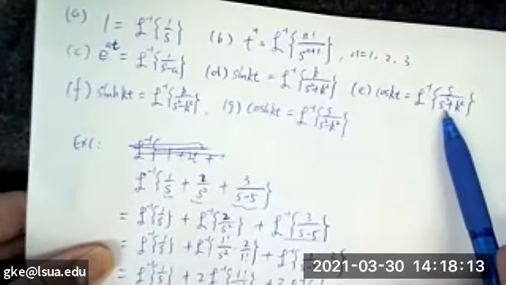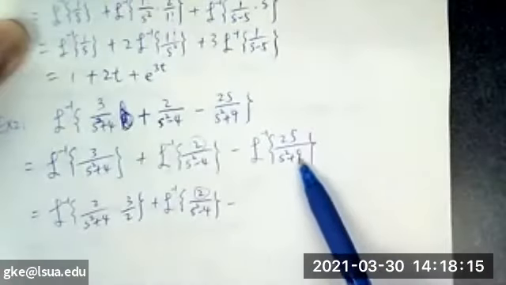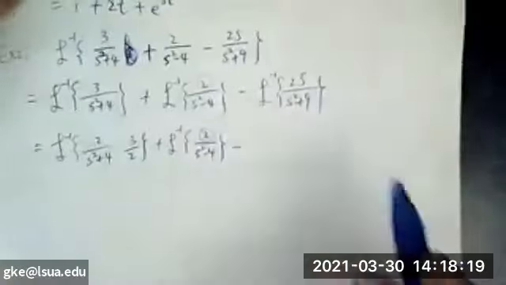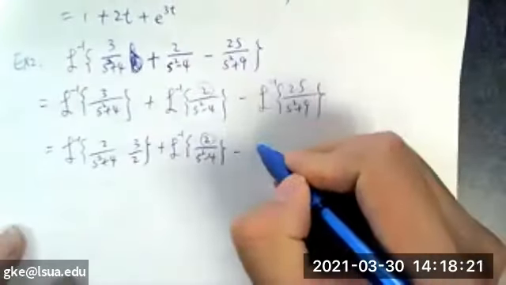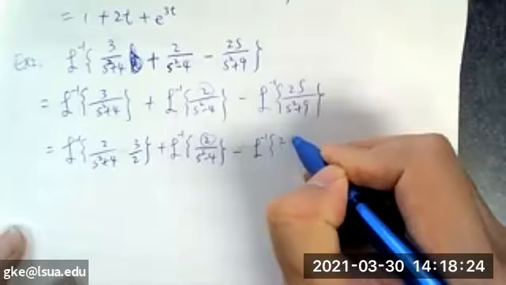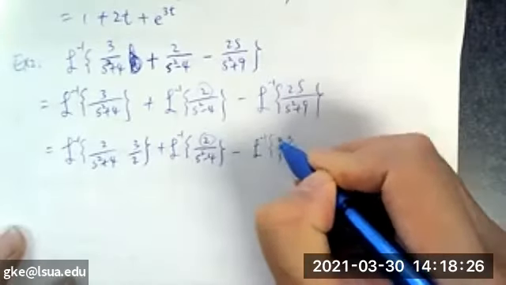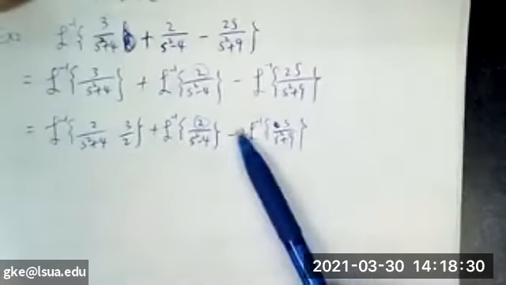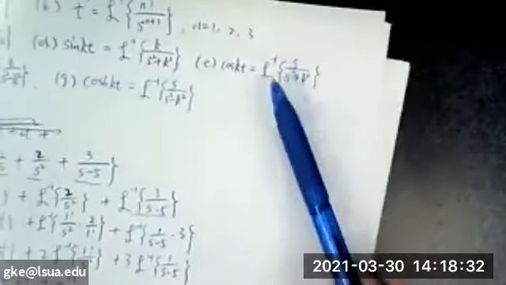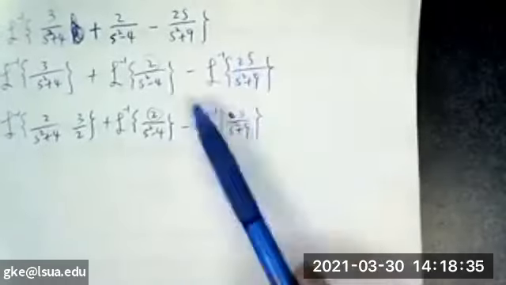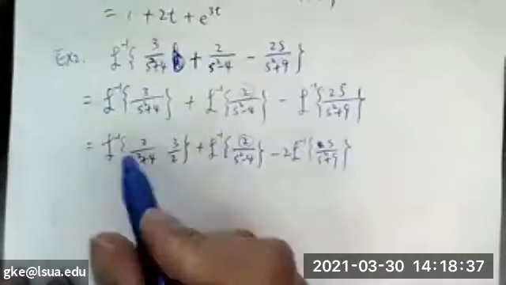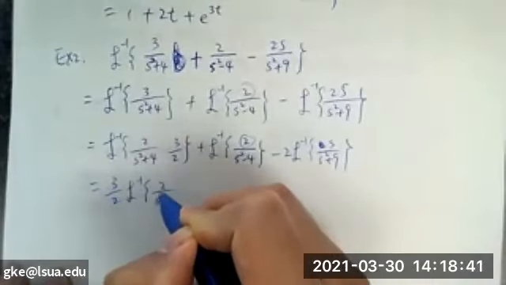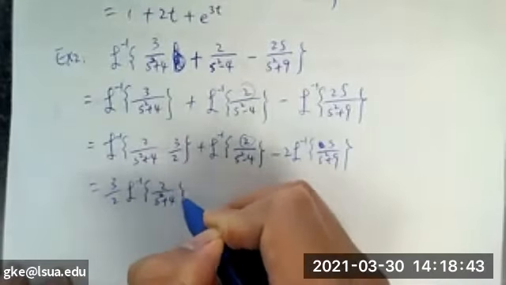Is s squared plus 9, so it's plus 9. K equals 3, right? So we can put the 2 outside because in the formula we don't need the constants. We just need the s because here's the 2. We can put the constant outside. And for the first term, of course, you can put the constant outside.